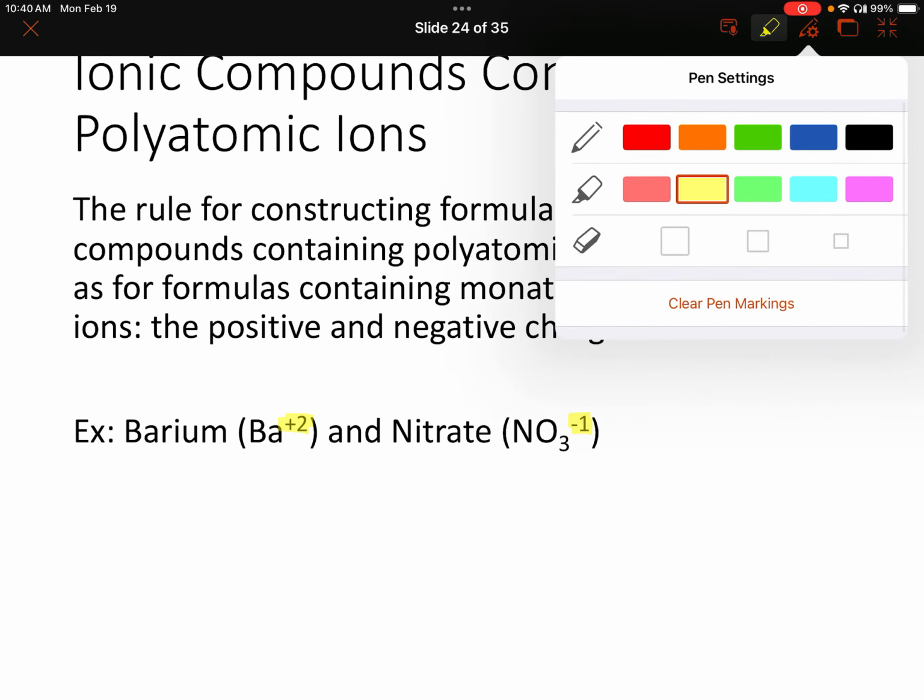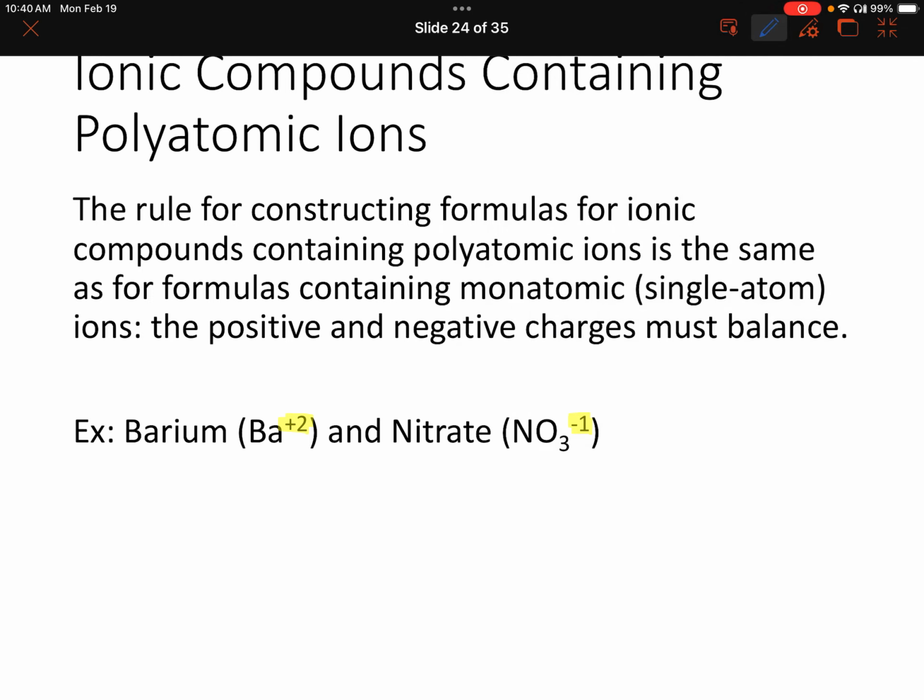All right, so I can already see that we probably want to multiply the nitrate ion by 2 so that we have 2 negatives to match the 2 positives that barium has, right? Okay, so let's write Ba, and we only need 1 barium, so we don't have to write a subscript for that.